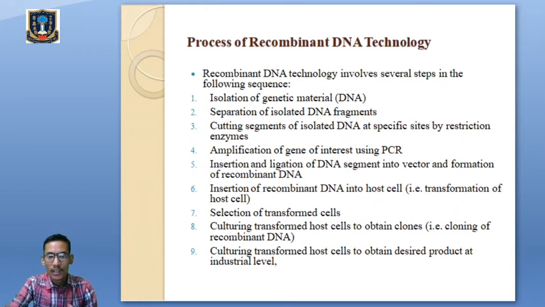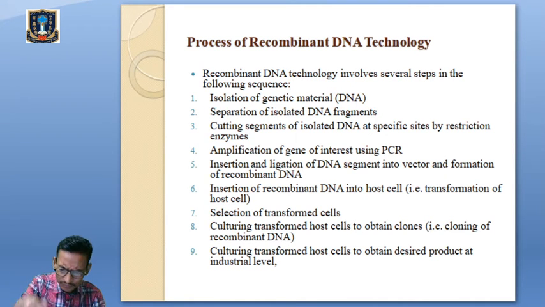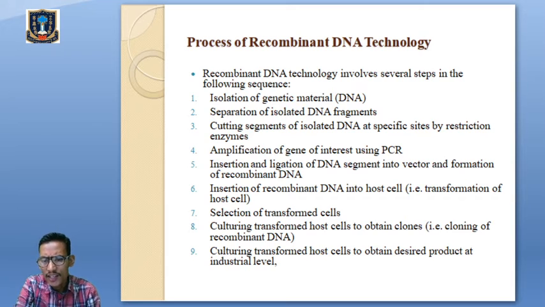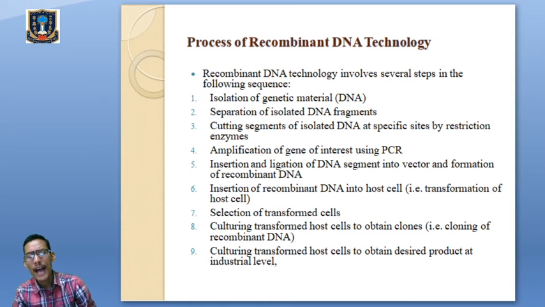Clear? Okay, now we will learn about the processes of recombinant DNA technology, because there are several steps involved in it. We have multiple processes which are used in recombinant DNA technology. The first step is isolation of genetic material, that is DNA.